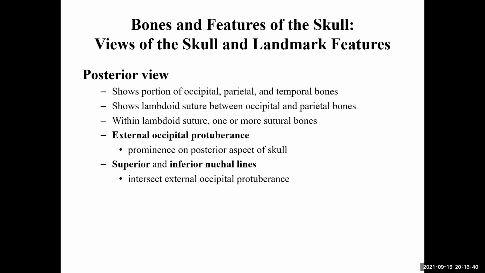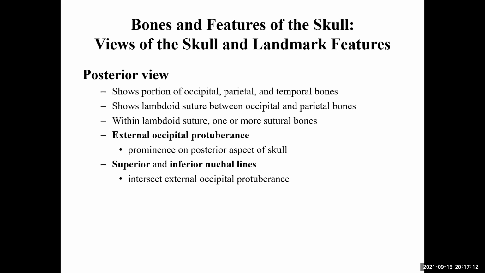Protuberance is a bump. Occipital is telling you what bone it's located on, and external is telling you it's on the outside, because you also have an internal occipital protuberance on the inside. And it's going to be, you guessed it, on the occipital bone. And then we'll notice these structures, we call them superior and inferior nuchal lines, on either side of the external occipital protuberance.